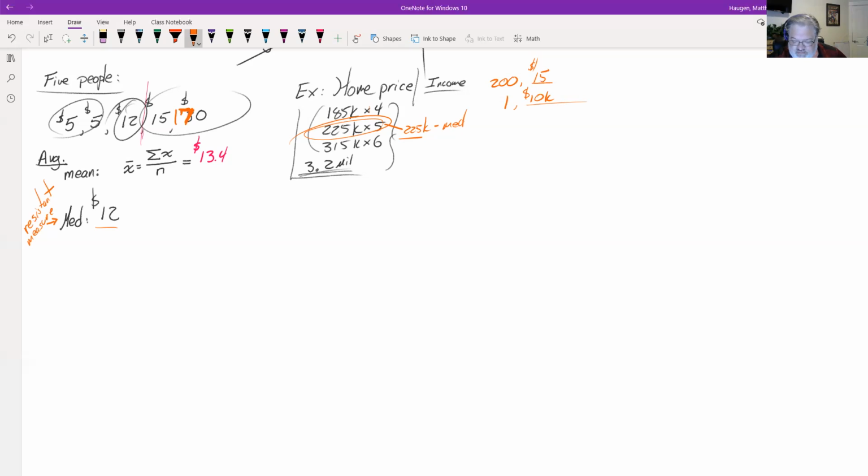But the median is going to be one of those 15s. So oftentimes when we have extreme values, median can be a lot better as a measure of center than mean.